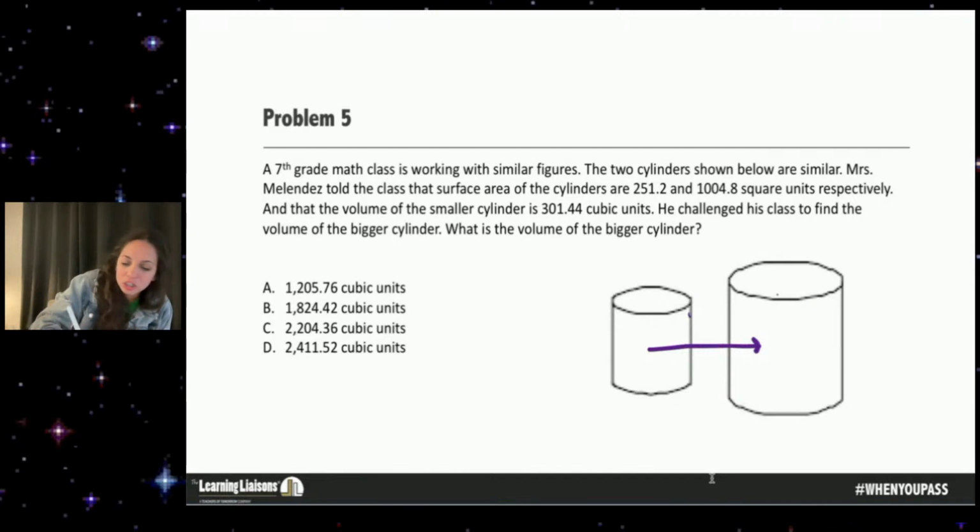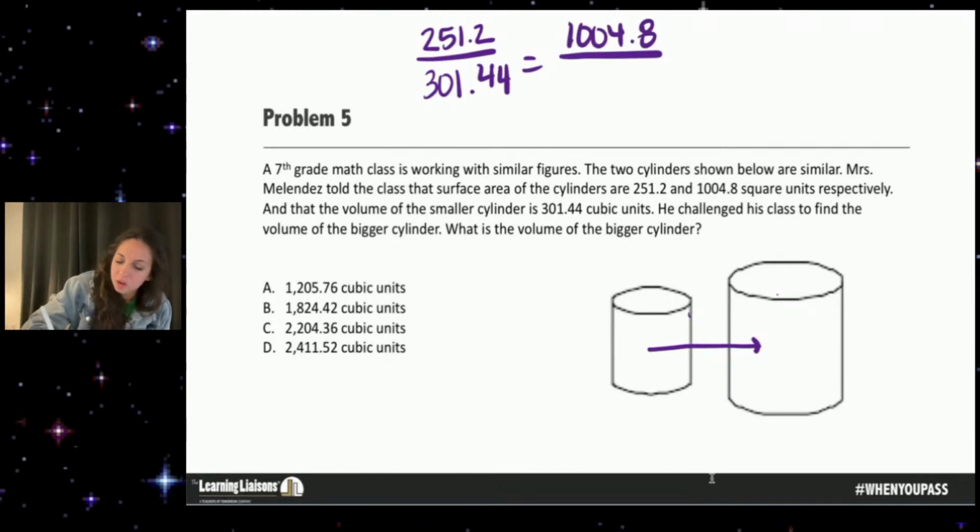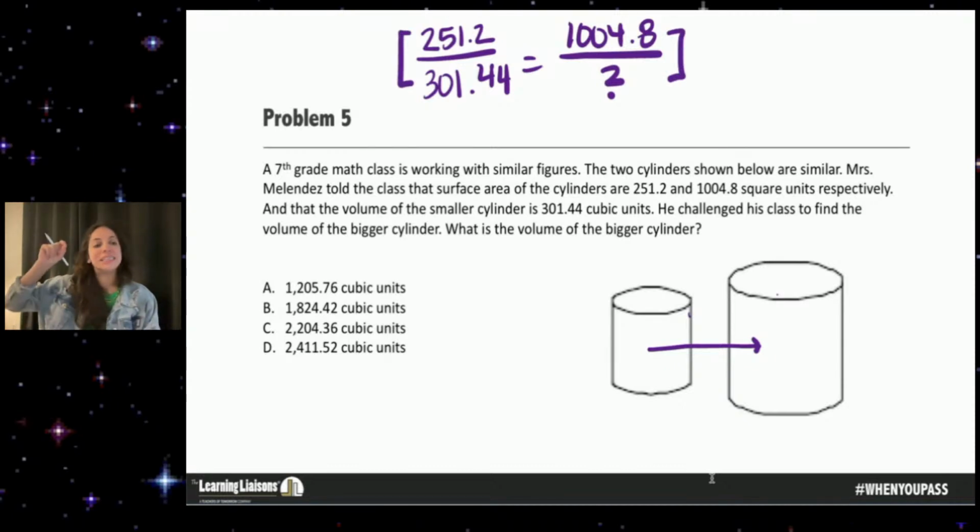I cannot do this: 1004.8 over question mark. Why? Because the scale ratio between these is not the same.